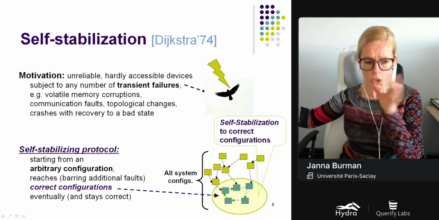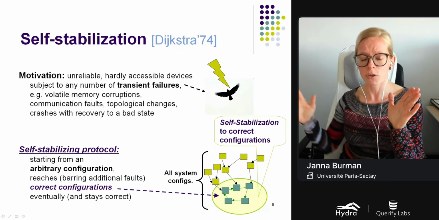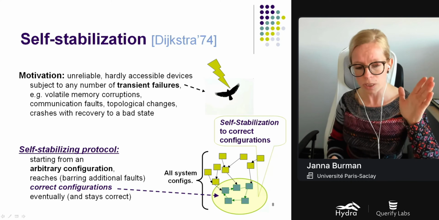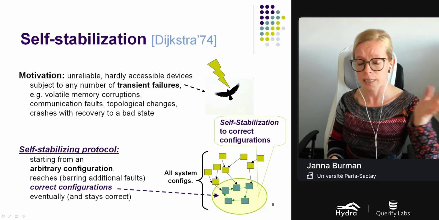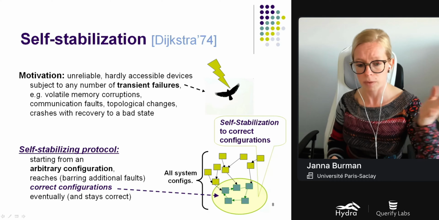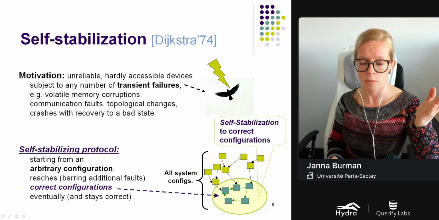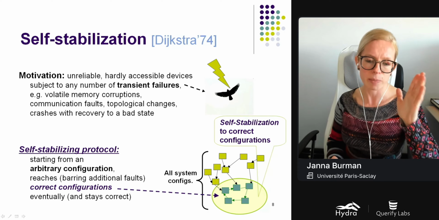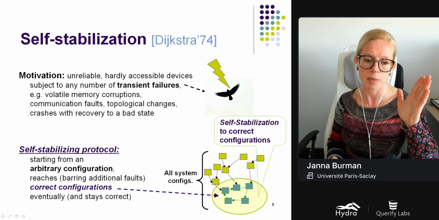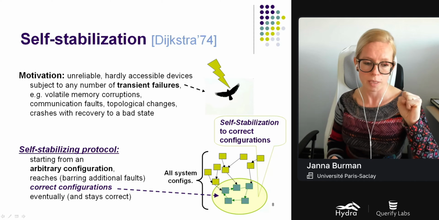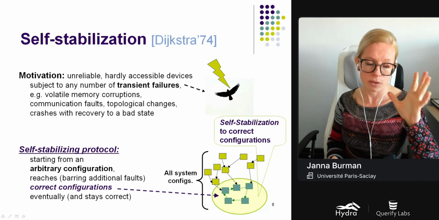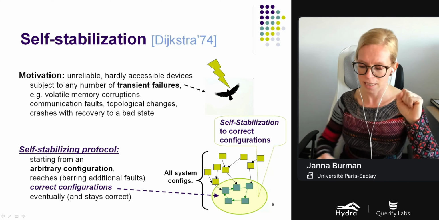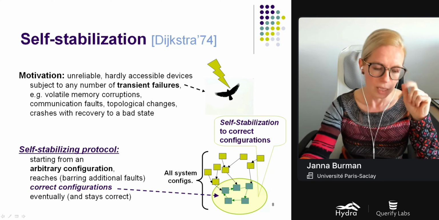Here is an important point: we cannot initialize our protocols. In the classical case, algorithms normally assume some initialization. This is a big difference.